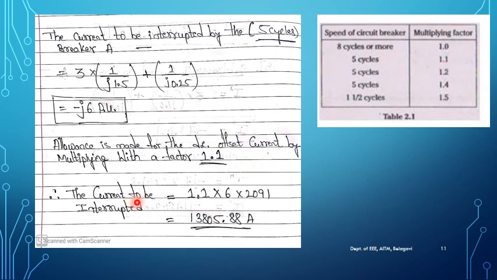So the current to be interrupted will be equal to the per unit value 1.6, and for the 5 cycles the multiplication factor is 1.1, so 1.1 into the base value, to get the actual value of the interrupted current. So this is the final answer for the current to be interrupted by the circuit breaker for the 5 cycles.